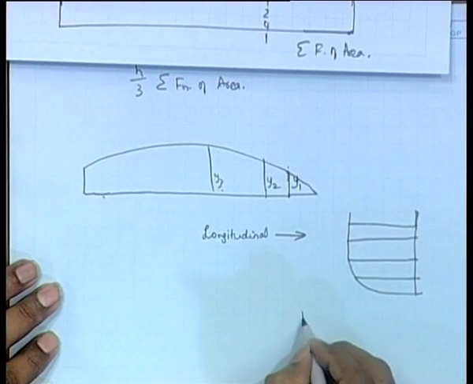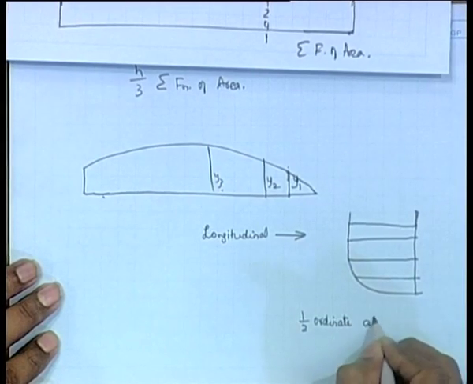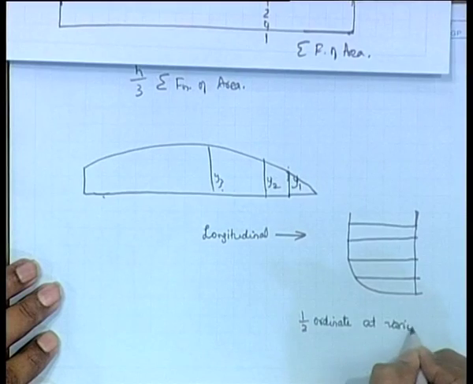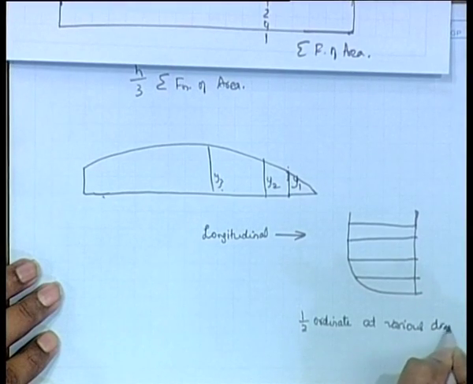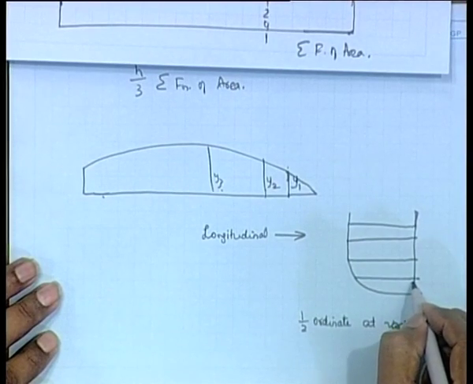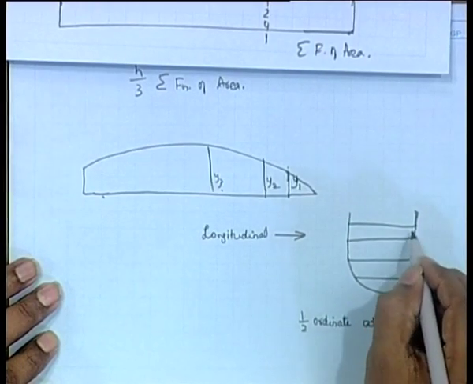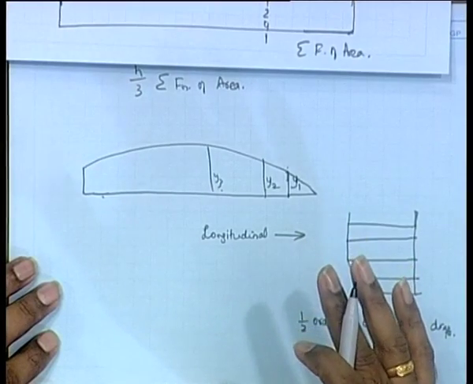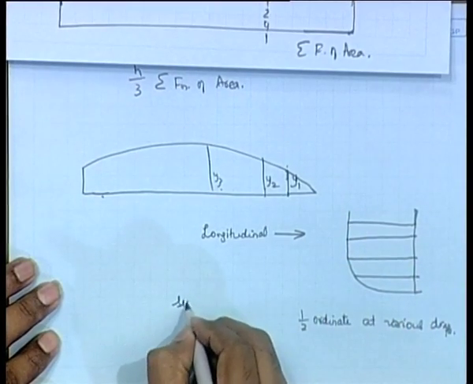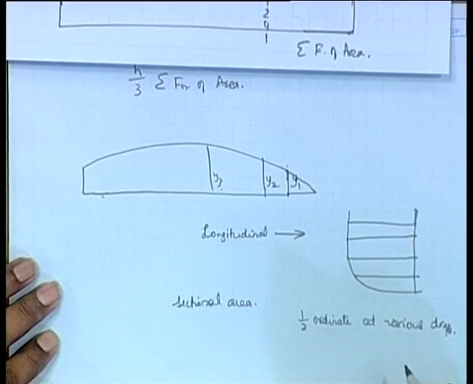So, this is the half ordinate at various drafts. Okay. So, you are told that at a draft of 0.25 meter, this is the half ordinate. So, what do you get? You are actually getting what area? Sectional area. So, you are getting a sectional area, and what will be your h here?